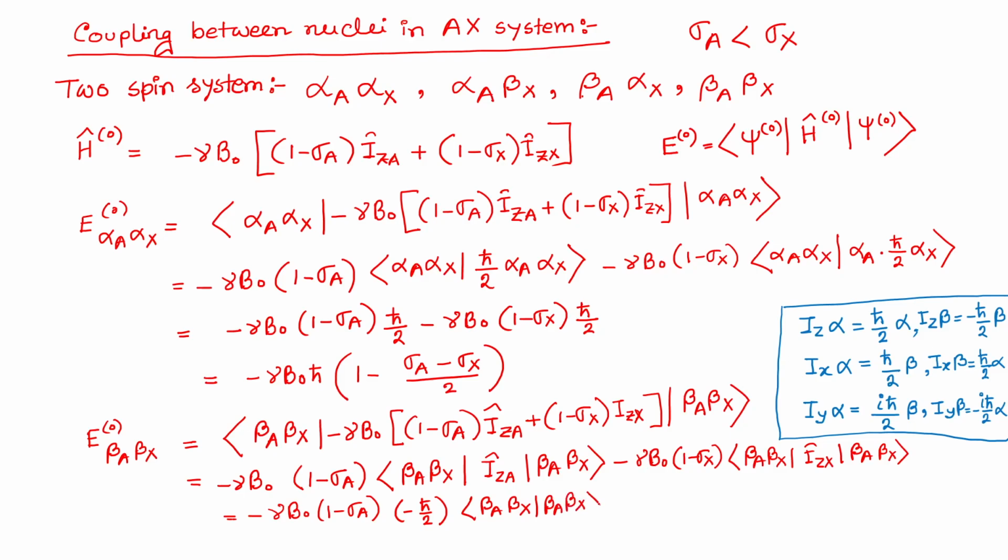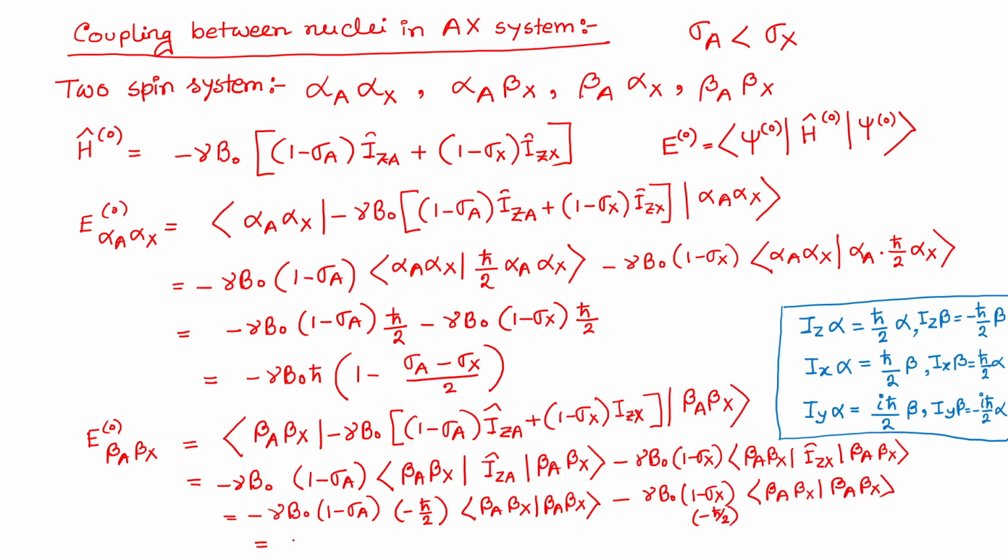Right? And here also you are going to get gamma B0 1 minus sigma X. So Izx will work on beta X and will give you minus h cut by 2, right?